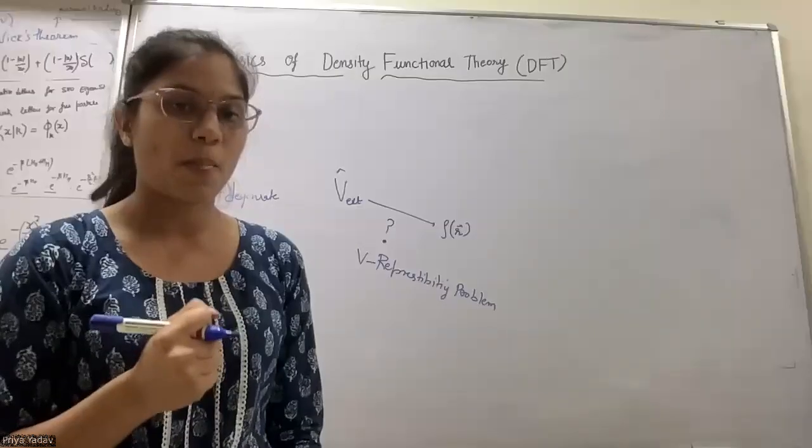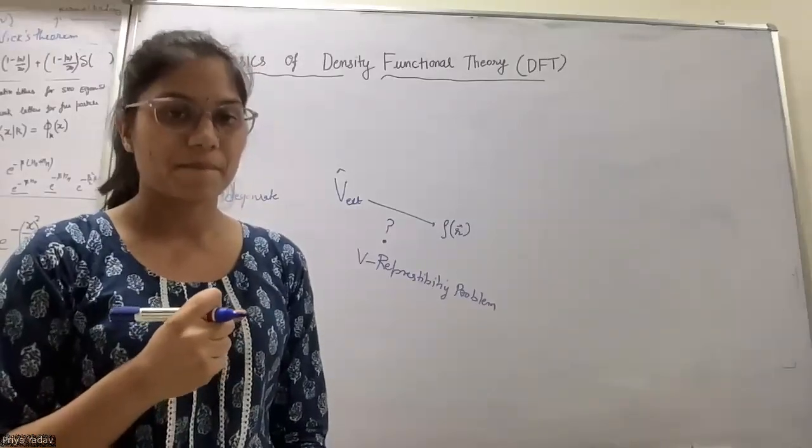That rho we can make in other ways also, the same kind of electron density. In explaining DFT it will be clear later on. That's why the approximations in DFT are so flexible.